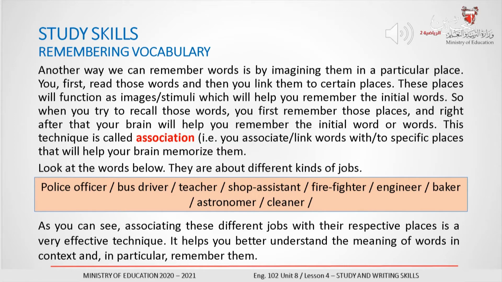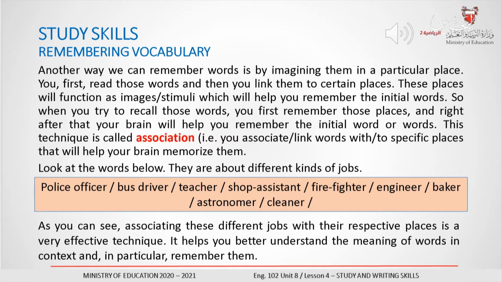So, when you try to recall those words, you first remember those places. And right after that, your brain will help you remember the initial word or words. This technique is called association. You associate, link words to specific places that will help your brain memorize them.